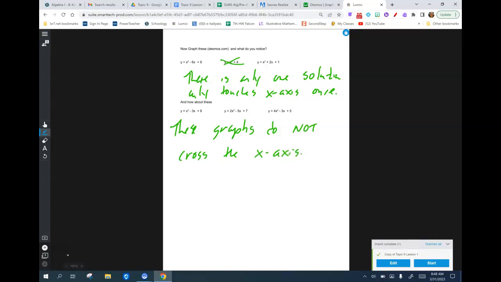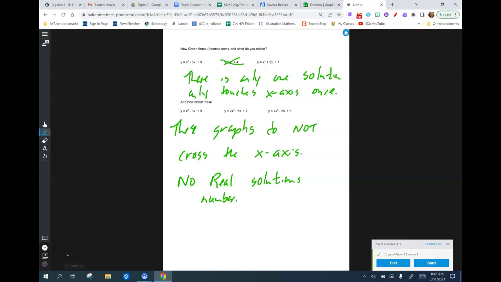So it looks like there are no solutions. That's what your homework will give you as an option, that there are no solutions. But I want you to realize in Algebra 2, you'll learn more. So what we're going to say for now is there are no real solutions. What we mean by that is there are no real number solutions.